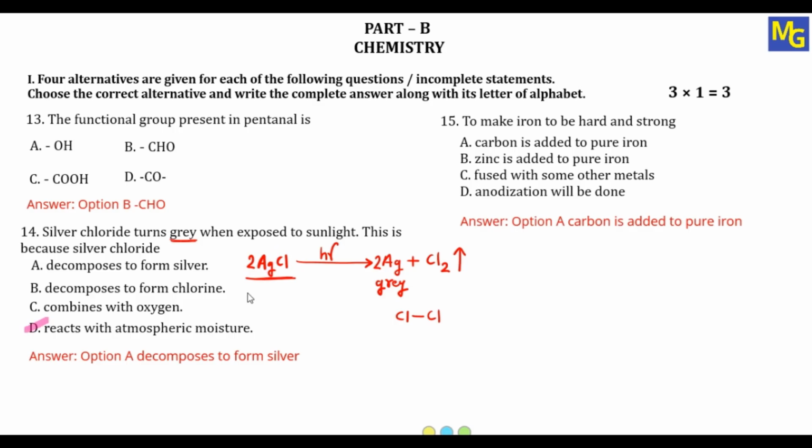Option D reacting with moisture, there is no moisture because AgCl is coming in contact with only sunlight. Therefore, these two options are wrong. So we have to think about options A and B. In the question, they have told it turns grey, and it is turning grey just because of silver. Therefore, we should write the correct answer as A, that is option A decomposes to form silver. So I wrote my answer: option A decomposes to form silver.